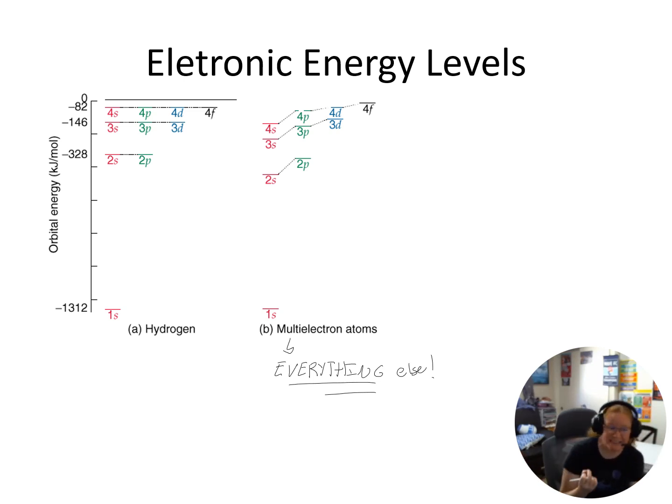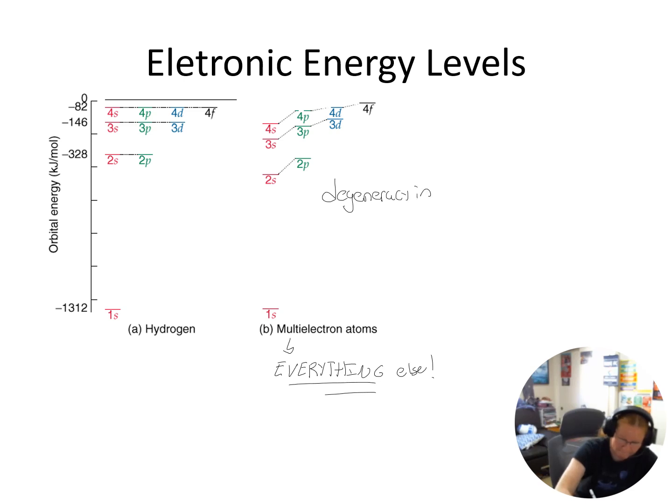Now, hydrogen's easy. All the sublevels of our quantum levels are each the same energy. That's why you see the straight lines for 2p, 3s, 3p, 3d, 4s, etc. As soon as I increase the number of electrons, these sublevels change in energy, so we see degeneracy in that sublevel energy.